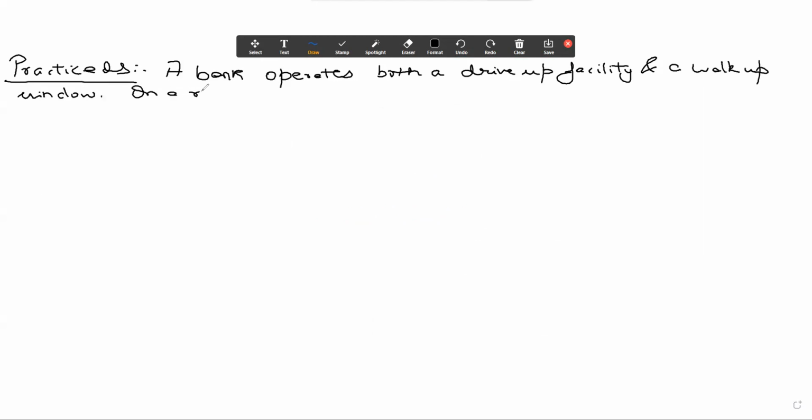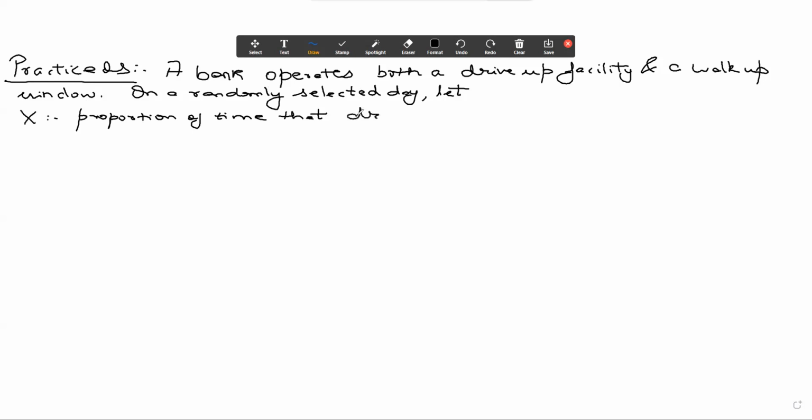On a randomly selected day, let x denote the proportion of the time that the drive-up facility is in use, and let y denote the proportion of the time that the walk-up window is in use.